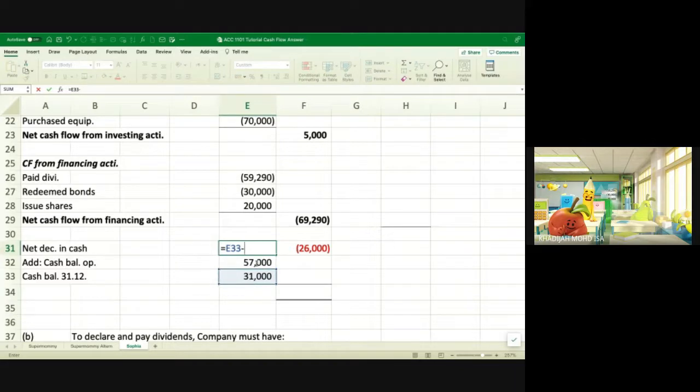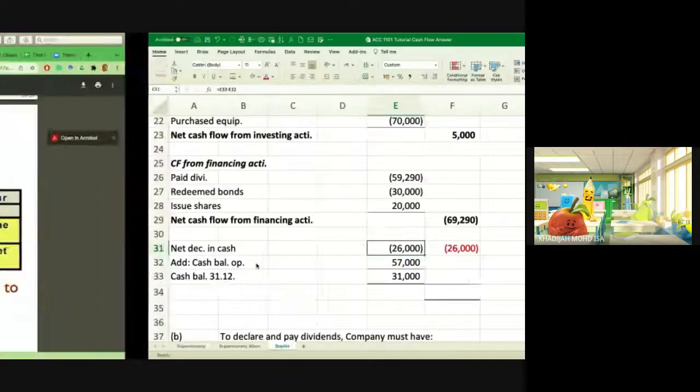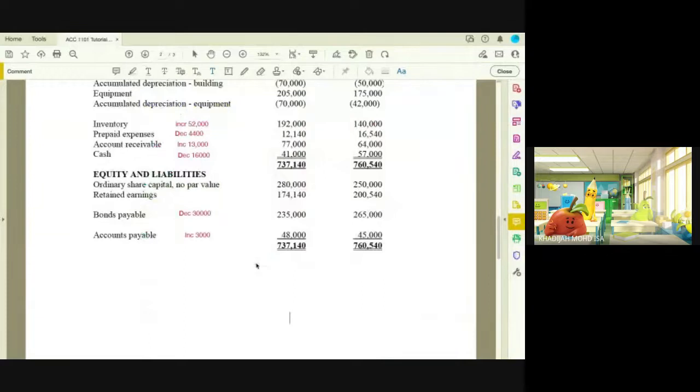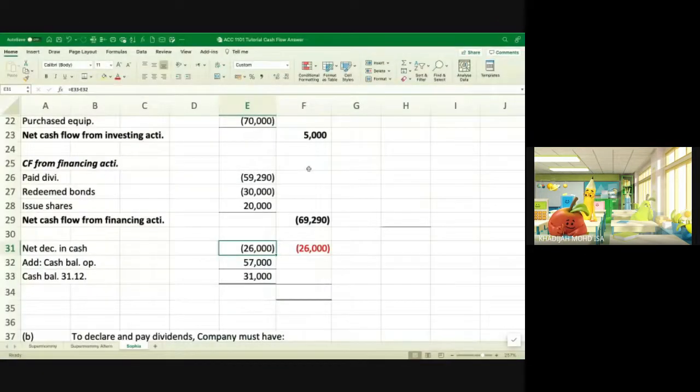Closing minus 57. Right? 26,000. Hold on. Where's your cash? Oh, 57 and 41,000. 41,000, not 31,000. All right, so your answer should be 16,000.